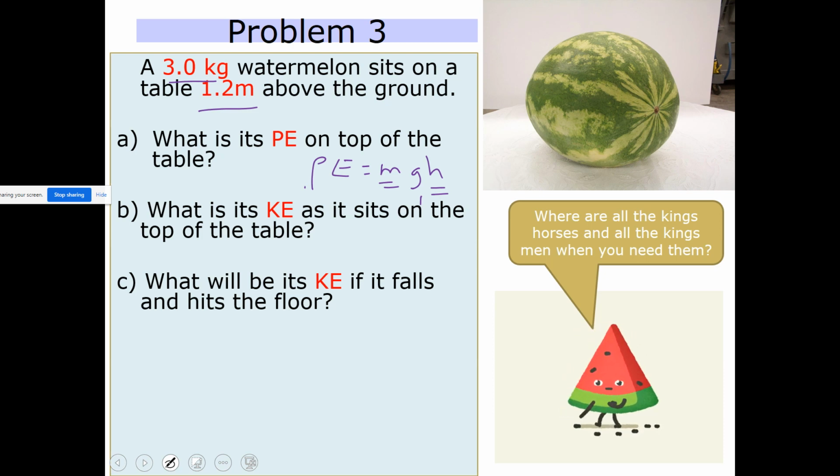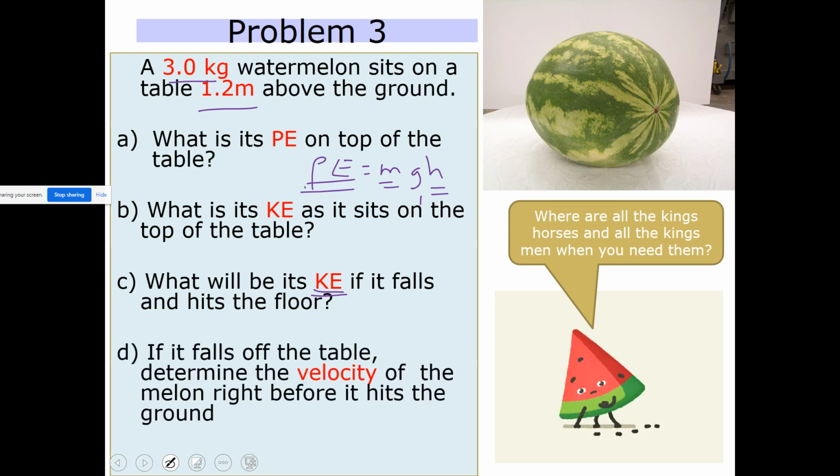Well, remember, there's a conservation of energy. So whatever potential energy it has on the top of the table, as it falls, it loses all of that potential energy until it has 0 on the floor. And all of that potential energy should become kinetic energy. So take a look at your answer for A.